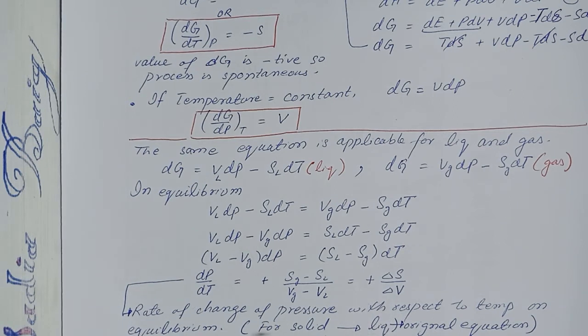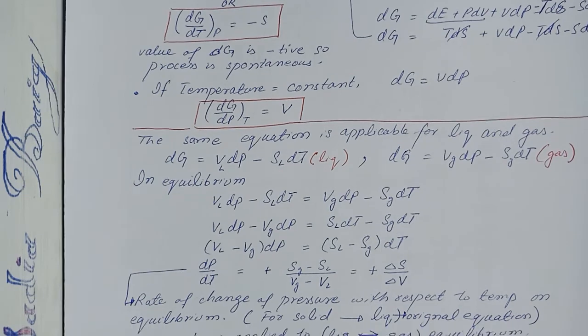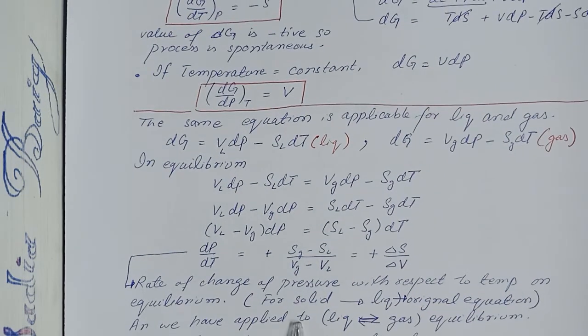So here the rate of change of pressure with respect to temperature at equilibrium is a point on a phase boundary. For solid to liquid, that was the original equation there, but here we have derived it for liquid to gas or gas to liquid, that is in equilibrium.